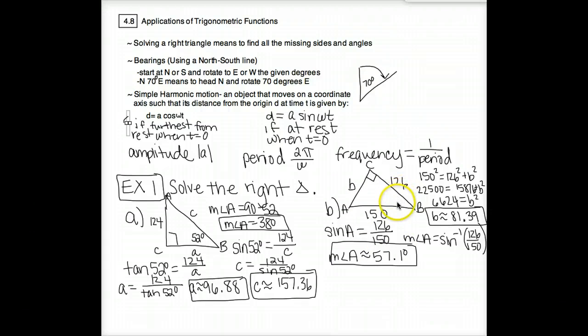You could do inverse cosine of 126 over 150, or since we know that they have to be complementary, we can just do measure of angle B equals 90 minus the 57.1. Either way, you should get 32.9 degrees for the measure of angle B.